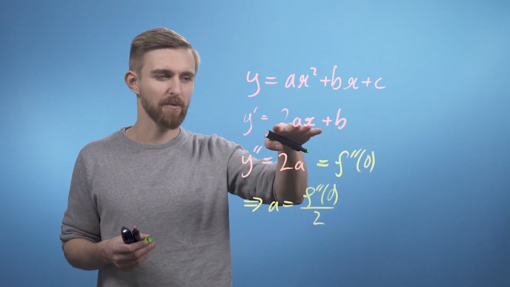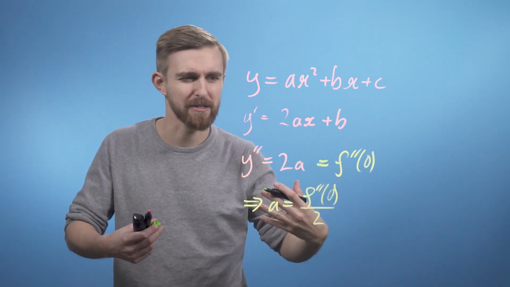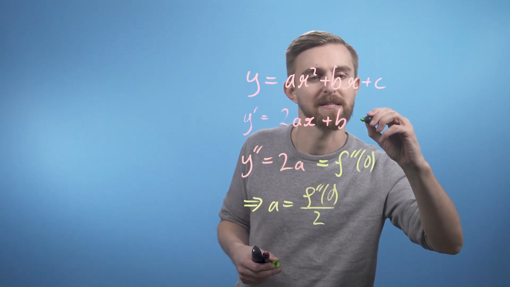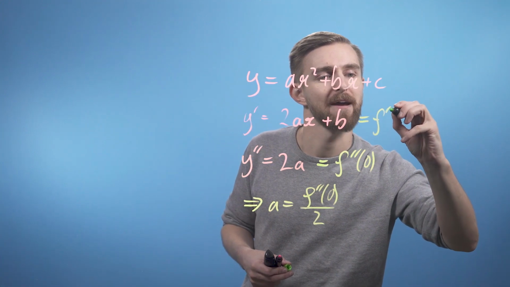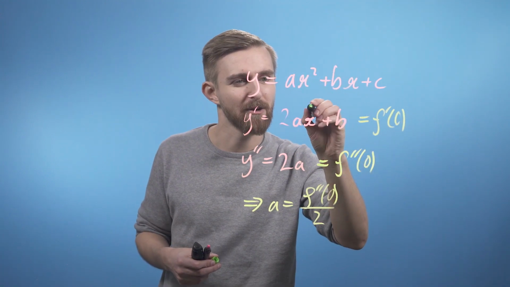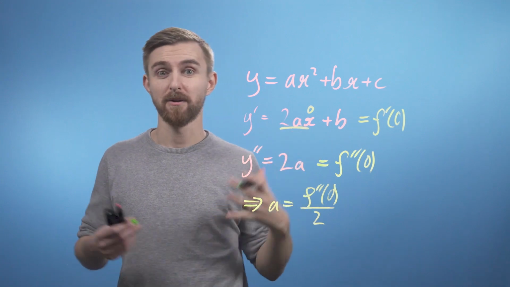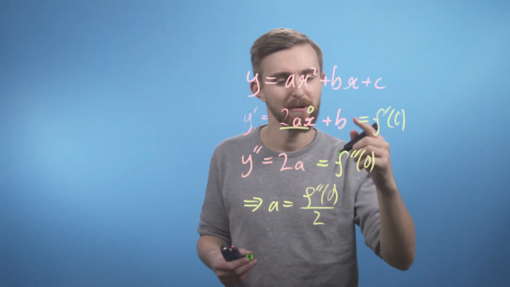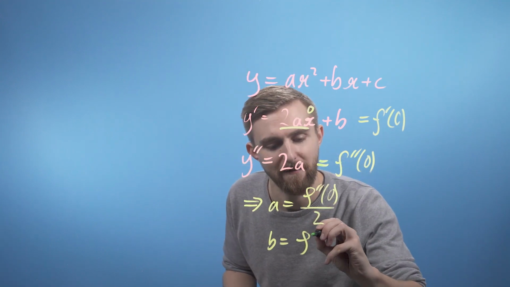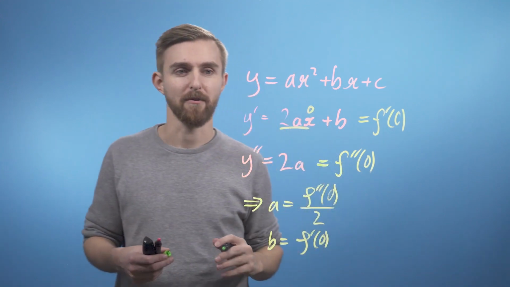Now if we look up at this equation here, we also want the first derivative to be equal to the function at 0. So we can set this equal to f dash of 0, and we're subbing in 0 for this x here, so this term just disappears. So we can now say that also b equals f dash at 0.